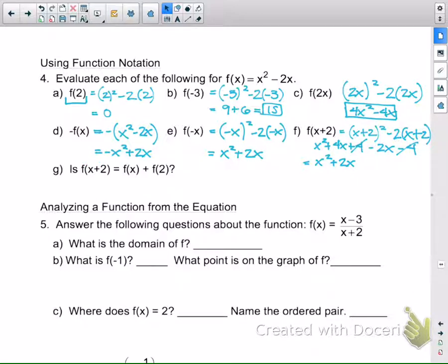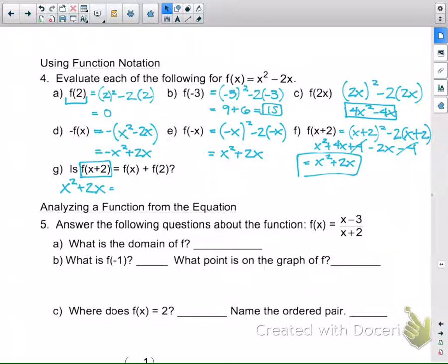If you didn't know the answer for G, what could you do to figure out if those were the same? You could plug them in. Essentially, we've done most of the work for that. We already know this right here, right? Because we just found that answer. F of x plus 2 gave me what? X squared plus 2x. We got that answer in part F. So we got the answer to the left-hand side.